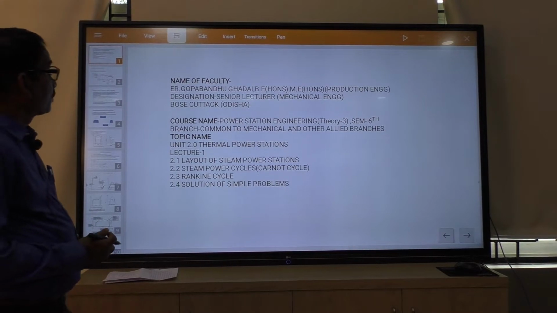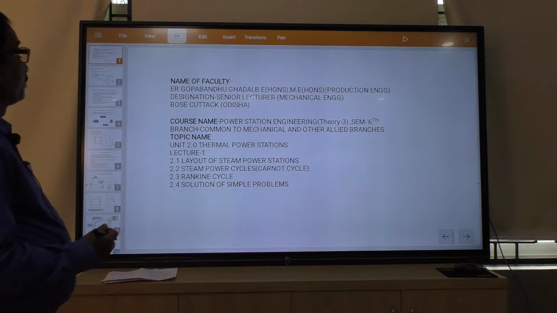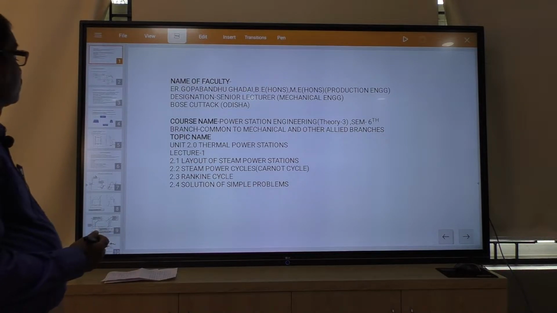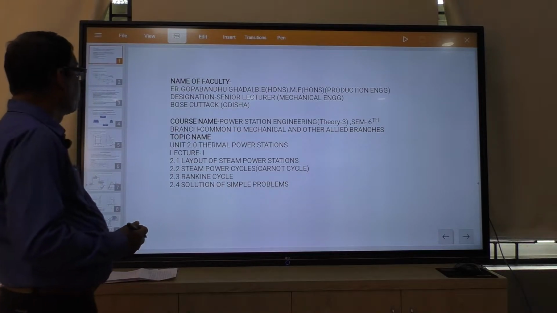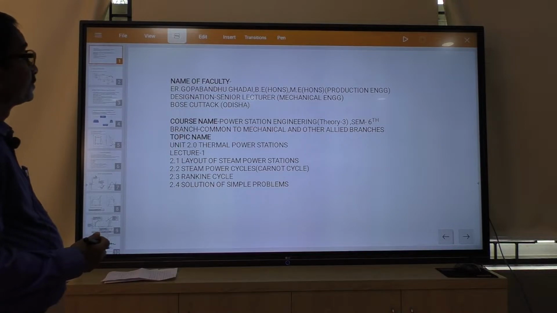In this thermal power station, it includes the layout of steam power stations and steam power cycles. First is the Carnot cycle, another is the real cycle which is used in the steam power plant, that is called the Rankine cycle, and then we will solve some numericals on the above cycles.